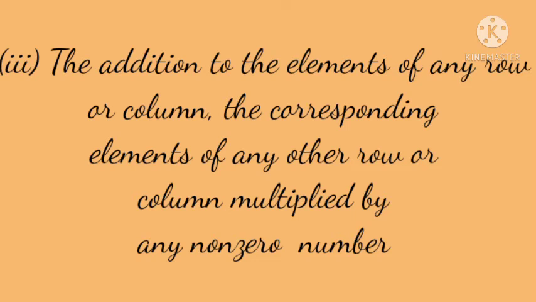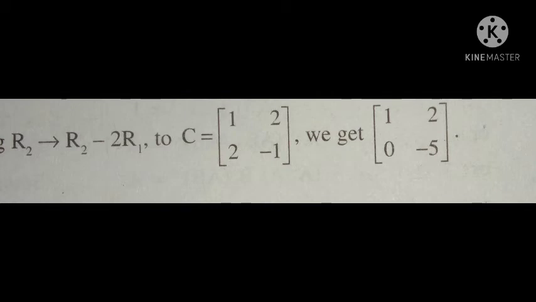That means, suppose we have a row, we can multiply this row by a scalar and the new row will be added to the original one. See the example, you can easily understand what the third transformation is. Look here, we have a matrix C: 1, 2, 2, minus 1. This is our given matrix. Now in this matrix, I am going to multiply the first row by a scalar 2.